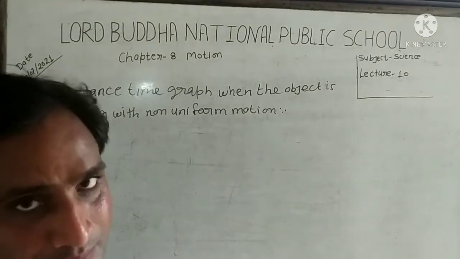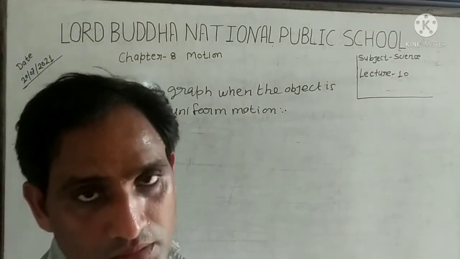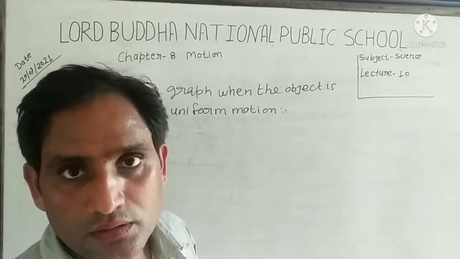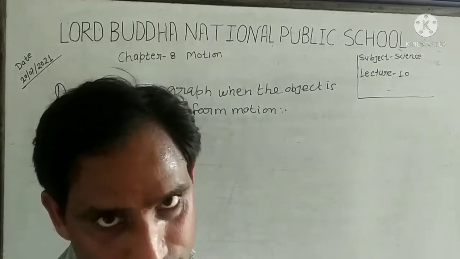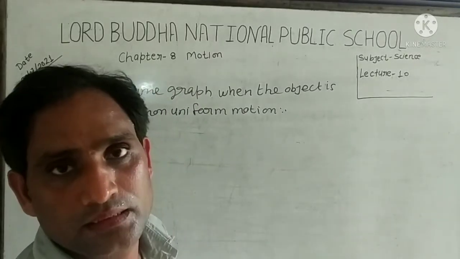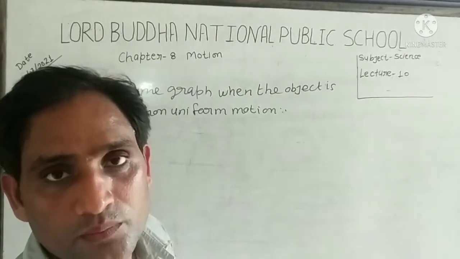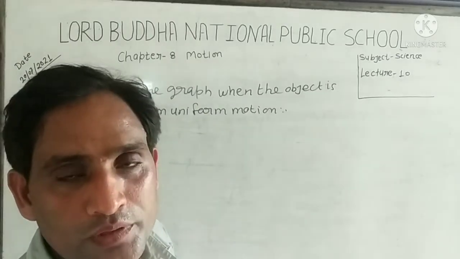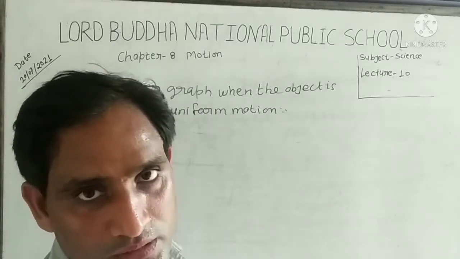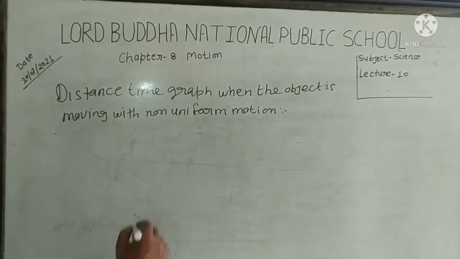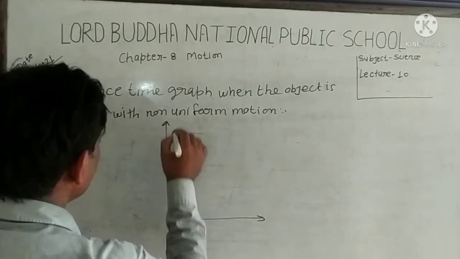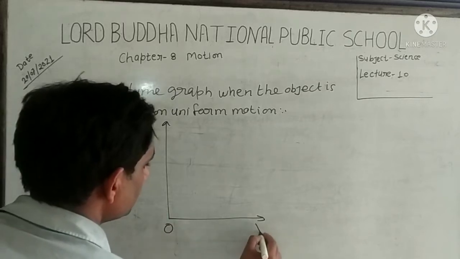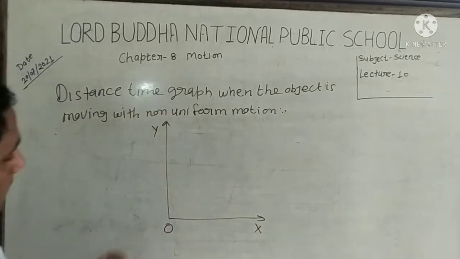Non-uniform motion means the object covers different distances in the same interval of time. To draw the distance time graph for non-uniform motion, we take two axes, x and y.